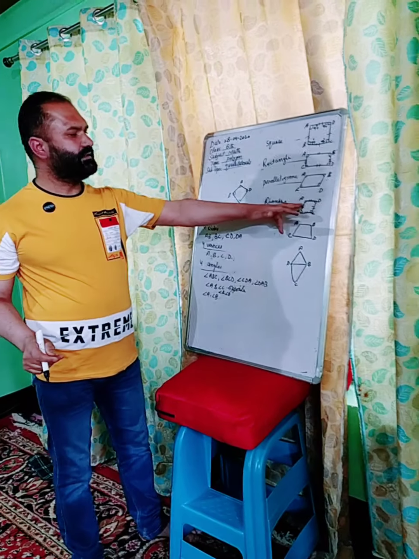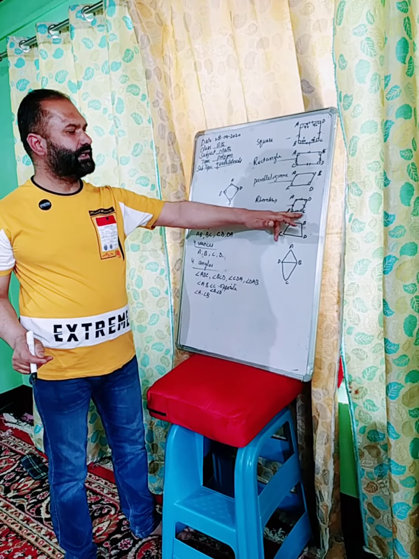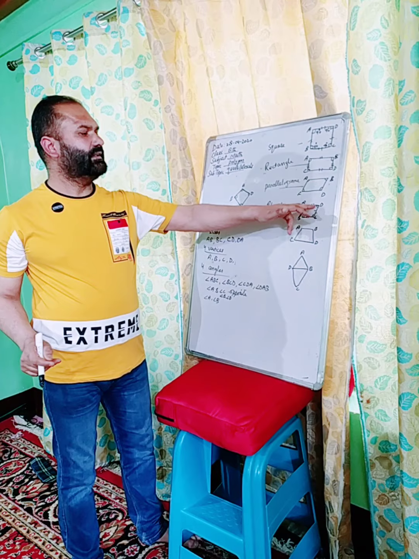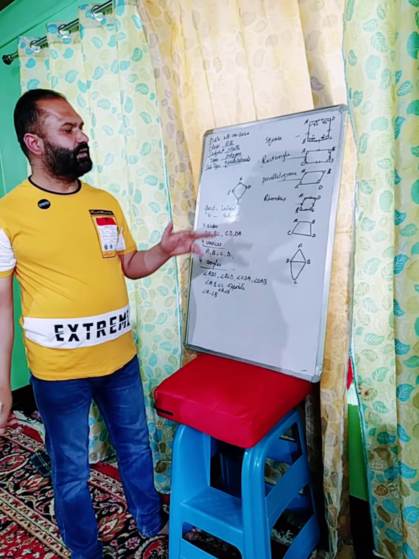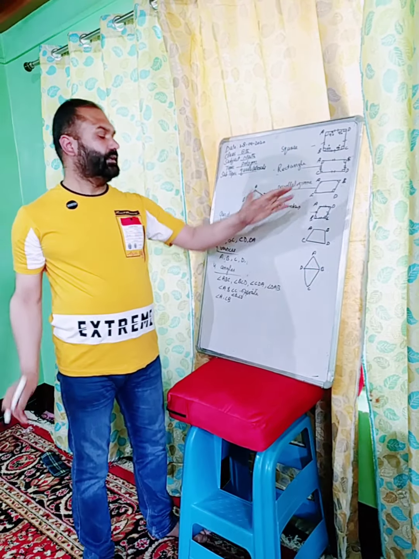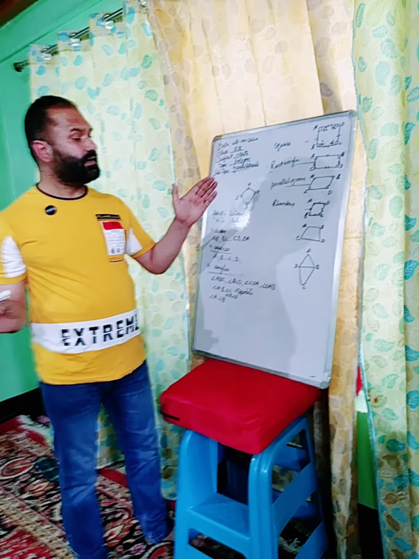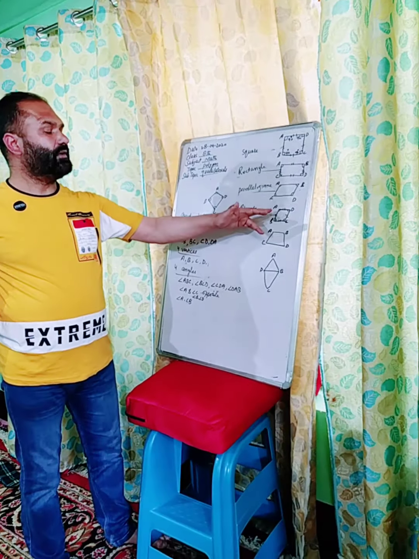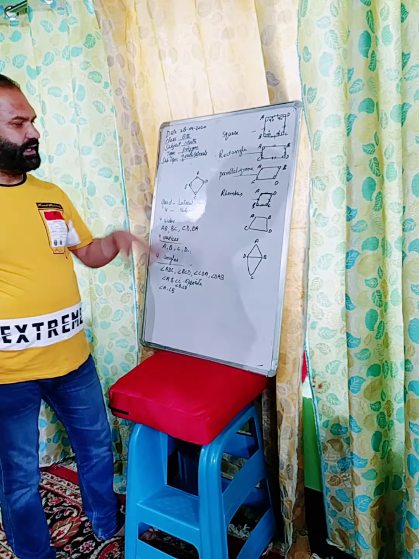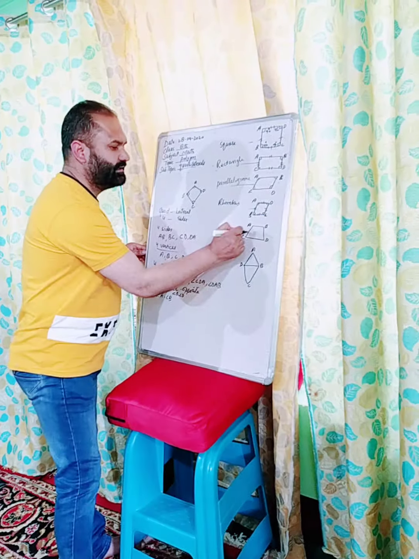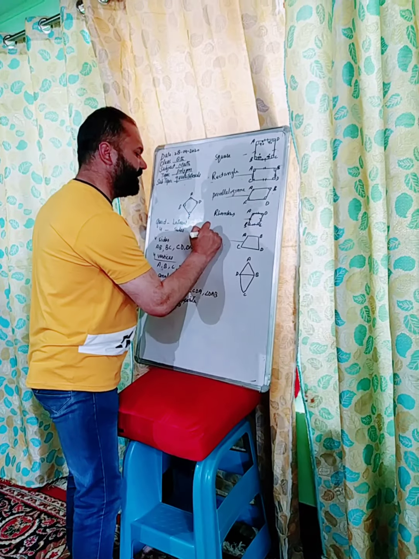It has opposite angles, like angle A is equal to angle C, angle B is equal to angle D. These are called opposite angles. And in a rhombus, opposite sides are parallel and all four sides are equal, but the angles are not 90 degrees as in the case of a square.